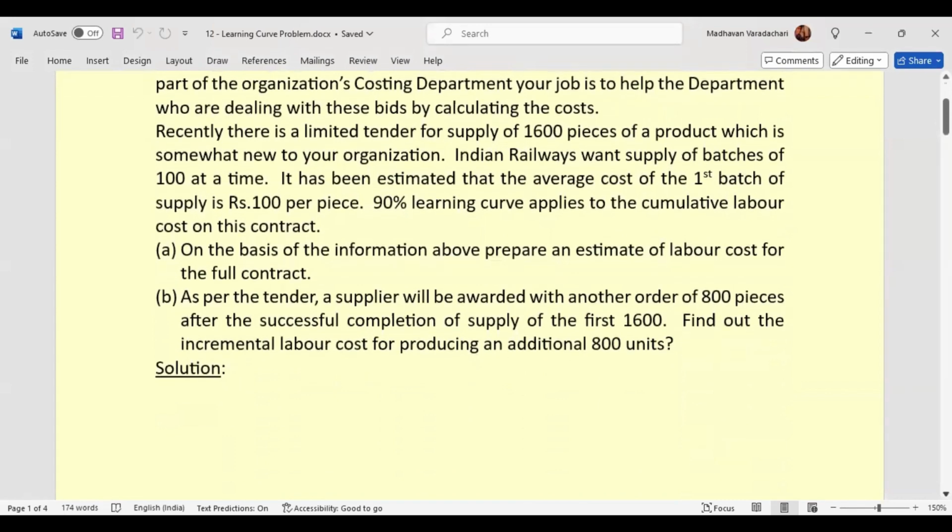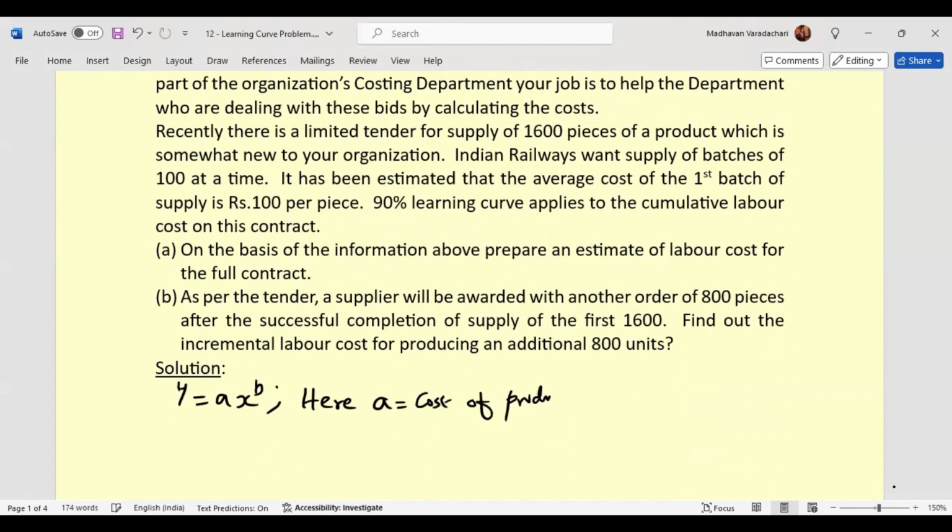So if we look into this, we will definitely be using our learning curve model, which is y is equal to a x to the power of b. Here, our a will be the cost of producing the first batch. That is given here.